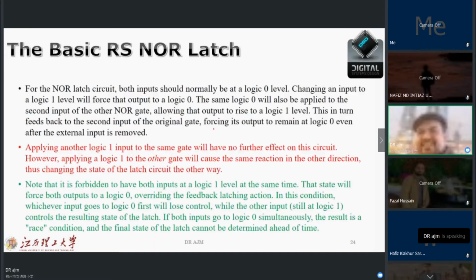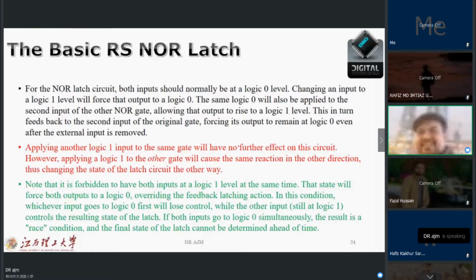Now let us speak more about NOR latch circuits, where both inputs should normally be at logic 0 level, and changing an input to logic 1 level will force that output to logic 0. This same logic 0 will also be applied to the second input of the other NOR gate, allowing that output to rise to logic 1 level.